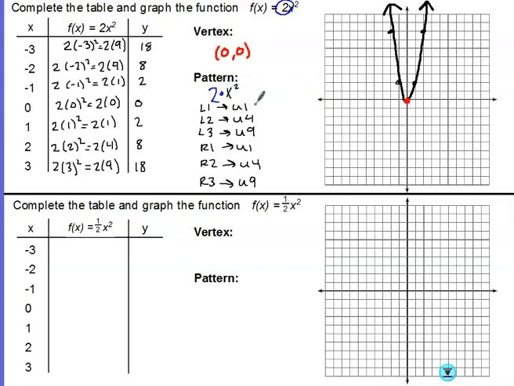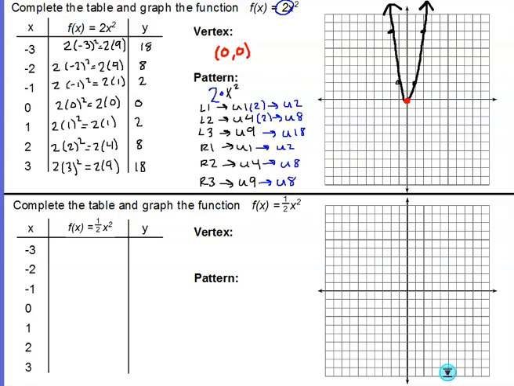So I take this entire column, I multiply by 2, and I get up 2. Up 4, when I multiply by 2, becomes up 8. Up 9 becomes up 18. Up 1 becomes up 2. Up 4 becomes up 8. And up 9 becomes up 18.